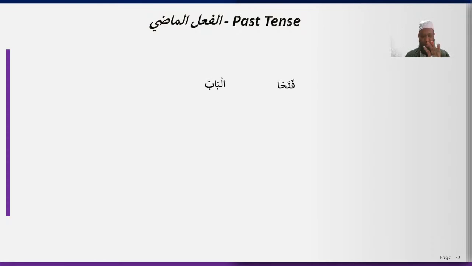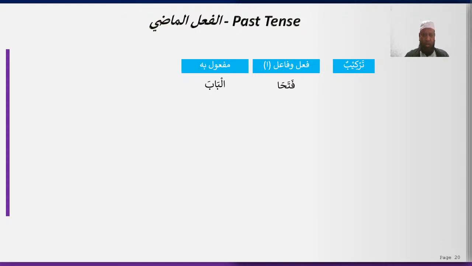And we've learned all these maf'uls, maf'ul bihi. I'm not going to go into that. We're just looking at the Arabic of al-madi, but we'll talk about maf'ul as well. Tarkib, fataha, fa'il, and the fa'il is the alif, and al-baba, maf'ulun bihi. They both male opened the door.